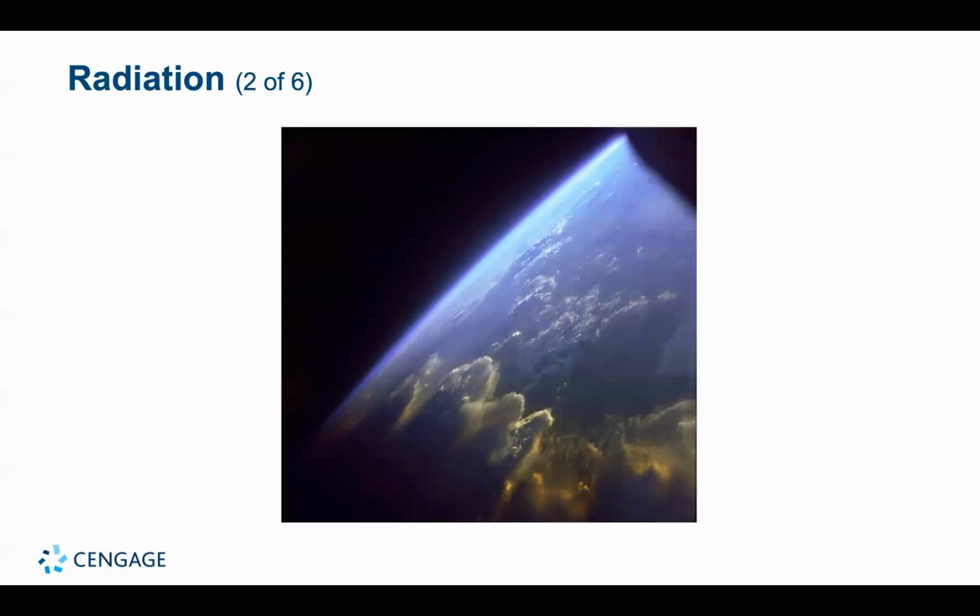So here we have a figure of looking at the Earth from Gemini 7. About 1,370 joules of electromagnetic radiation from the sun pass through each square meter at the top of the Earth's atmosphere every second. This radiation is mainly visible light and a significant amount of infrared and ultraviolet light.